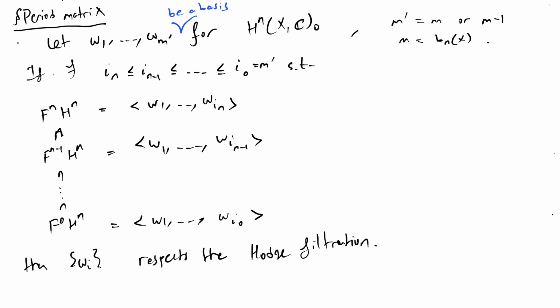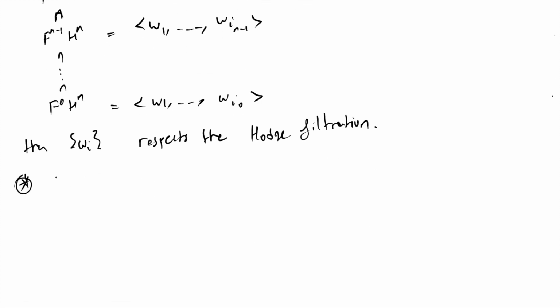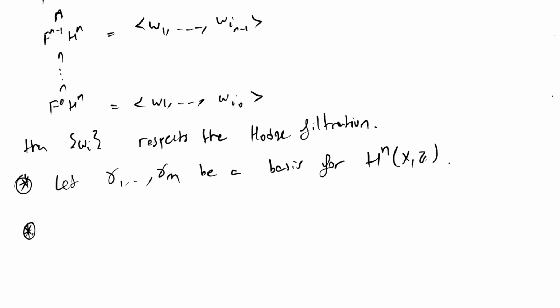Okay, so this was the first ingredient. Now I need the information for the integral structure. This gives me information about the filtration. The other piece comes by choosing a basis for the integral homology. And now you combine the two. So you say the period matrix is the integral of these omega_i's against this basis for homology.